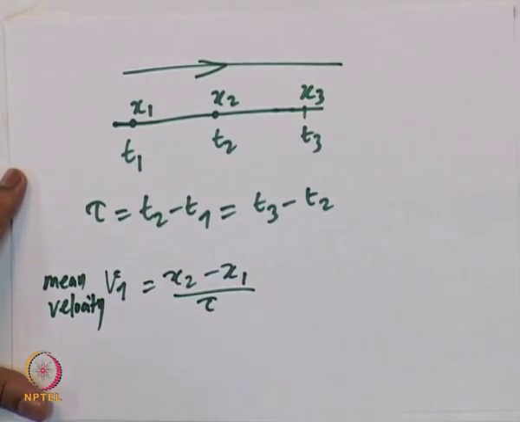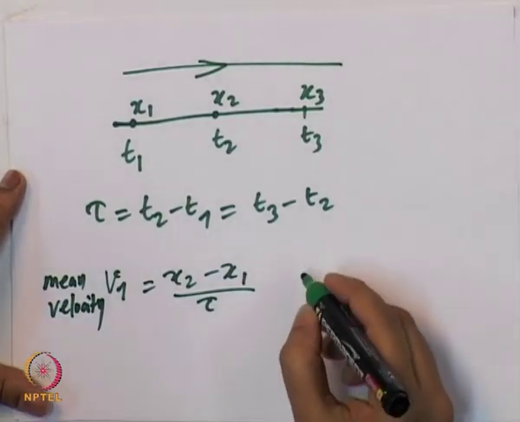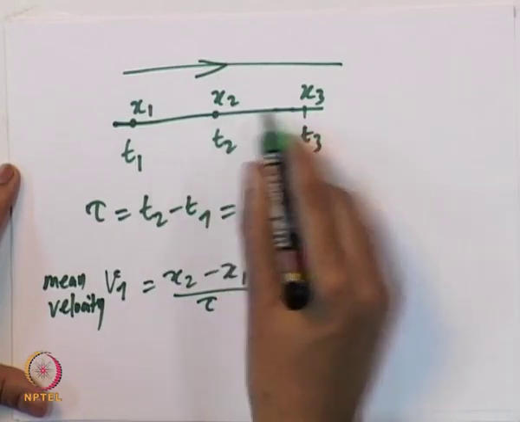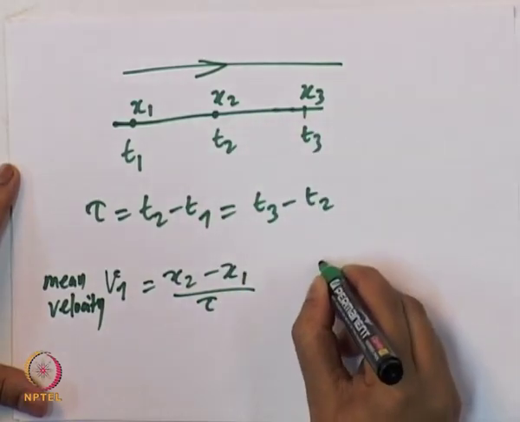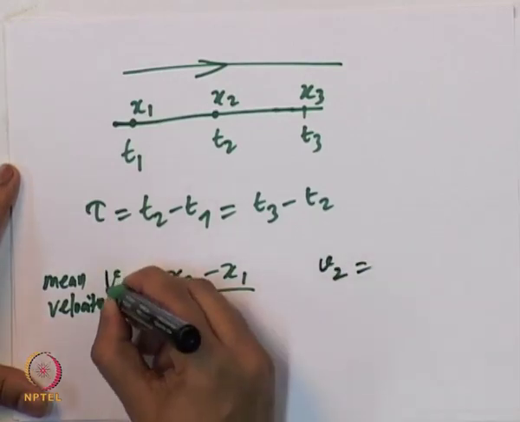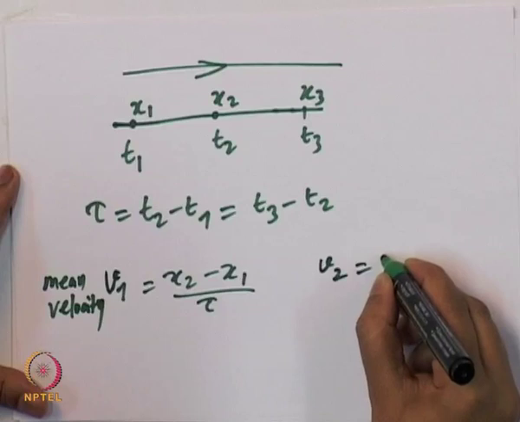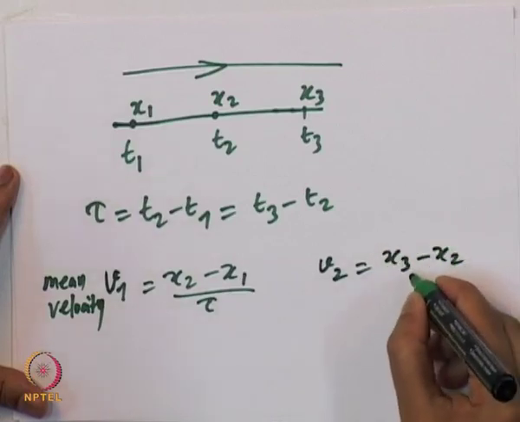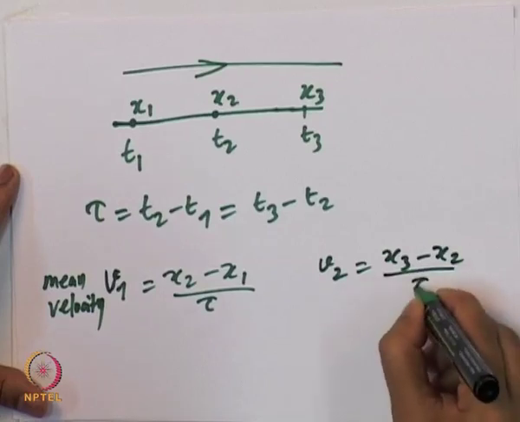Let us say we are computing the mean velocity between point x2 and x3. So it will be given by v2, which is equal to x3 minus x2 divided by tau.